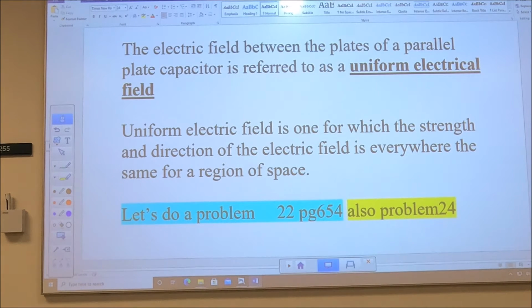We're going to look at problem 22. We're going to look at problem 24. Remembering that the electric field strength inside a parallel plate capacitor is equal to eta over epsilon 0. So let's look at problem 22.